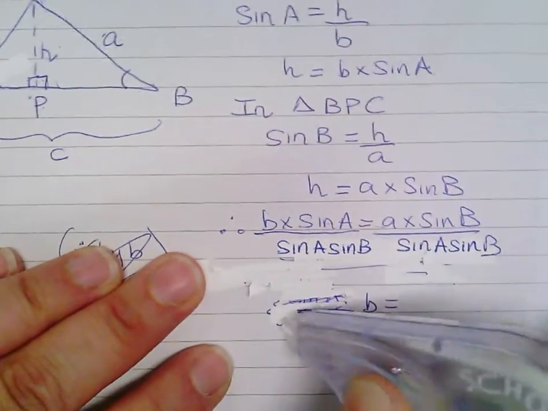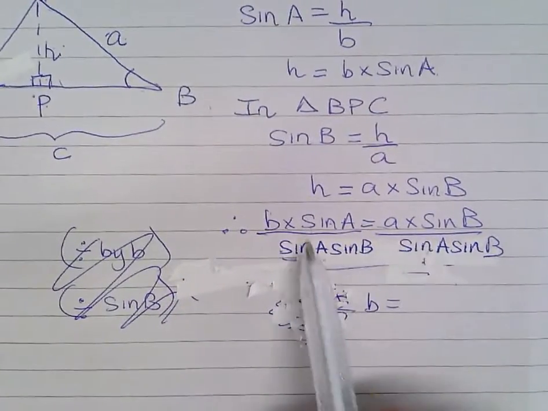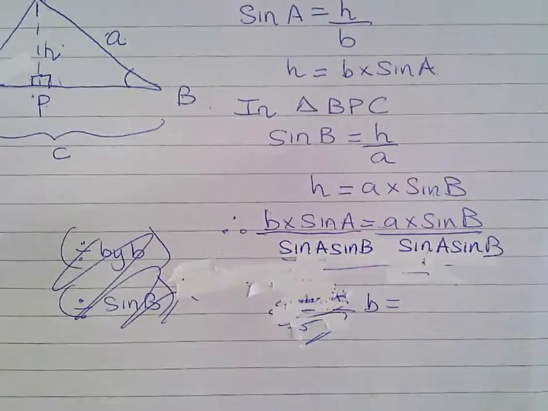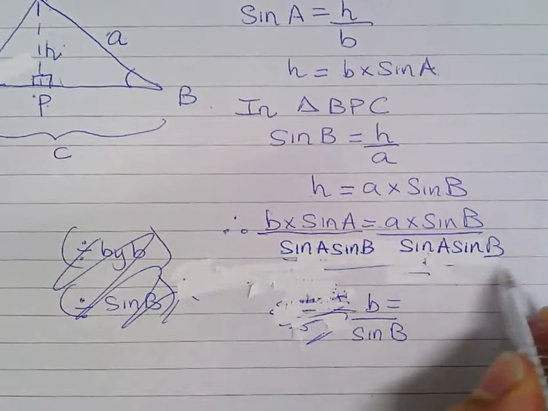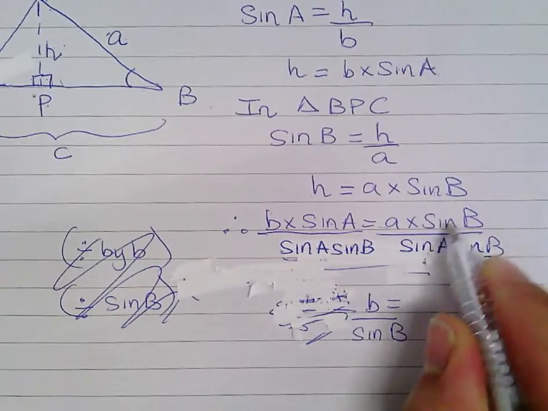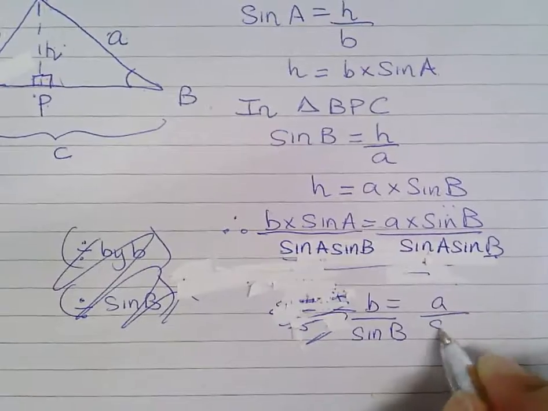What do I get? Anyone? What would cancel? The sine a's would cancel, and you get b over sine b equals, what would cancel here? The sine b's would cancel. You would get a over sine a.